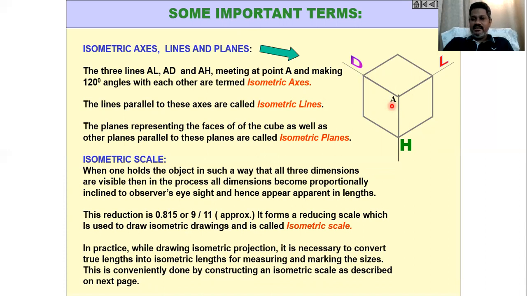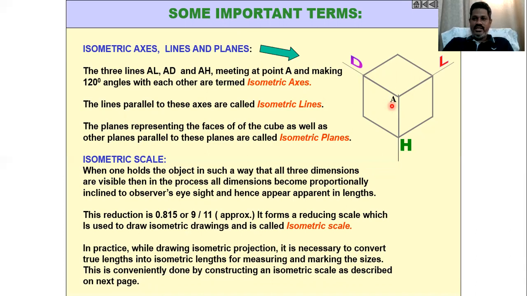Those lengths will reduce to some extent because we are twisting the component to a certain angle to view all the faces and dimensions, so the edges or lines of the component will be at an angle. So the dimension that we are observing may not be the exact dimension. There is some reduction in its length.